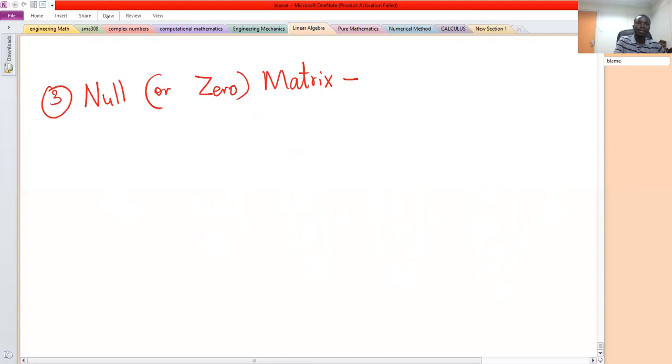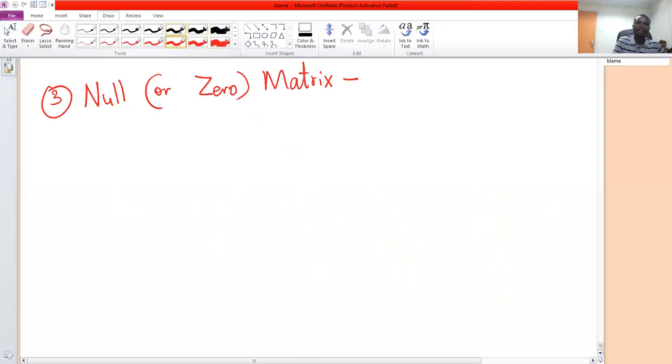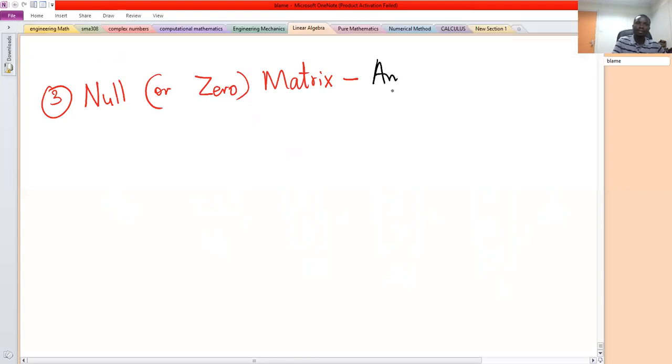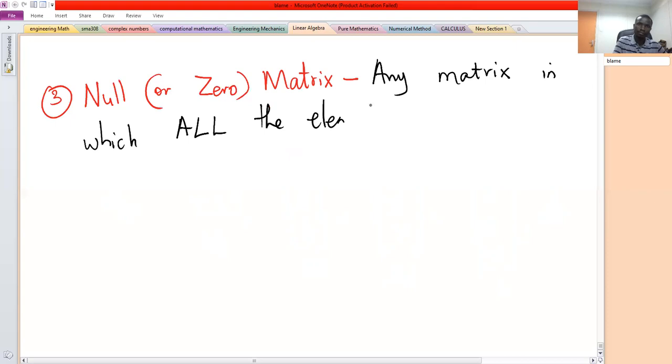Now, a null or zero matrix is any matrix in which all the elements are zero, or you can say are zeros.